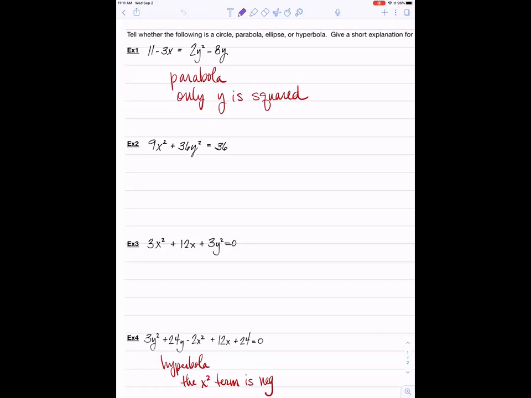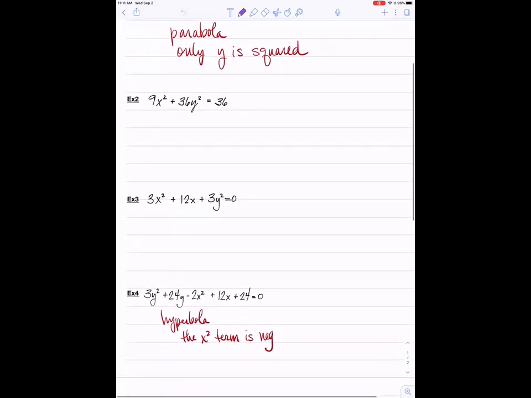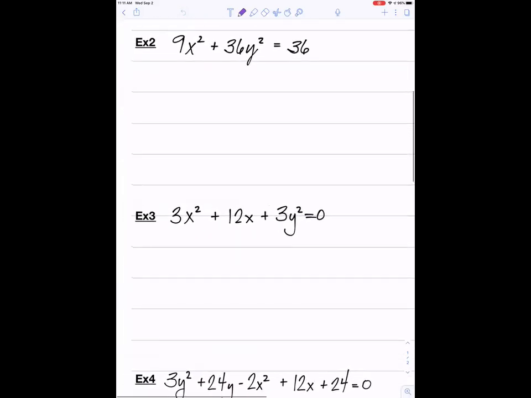So talk to me about your thoughts on these two. We had started having a discussion about it. We ran out of time. So what are your thoughts about which one is the circle and which one is the ellipse?